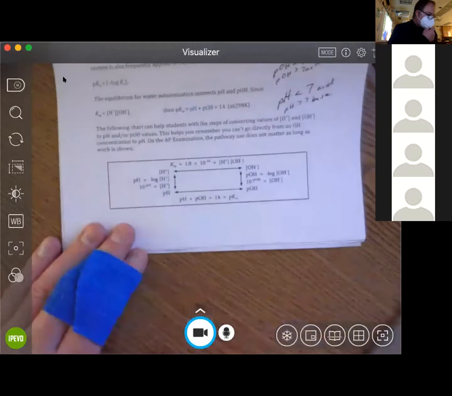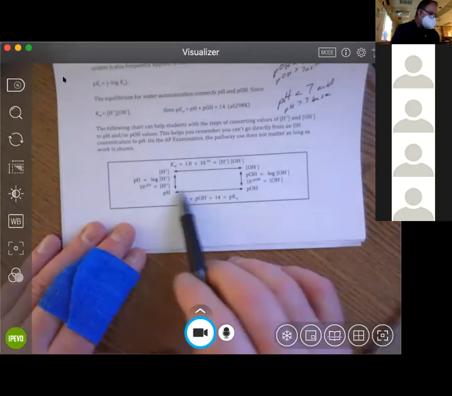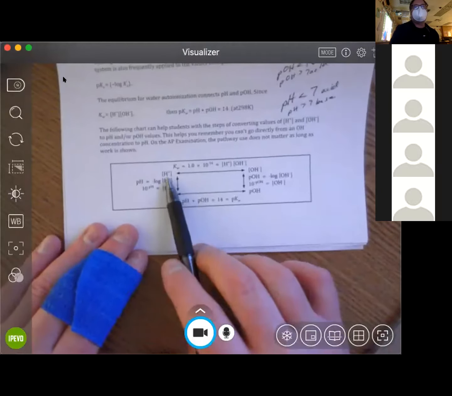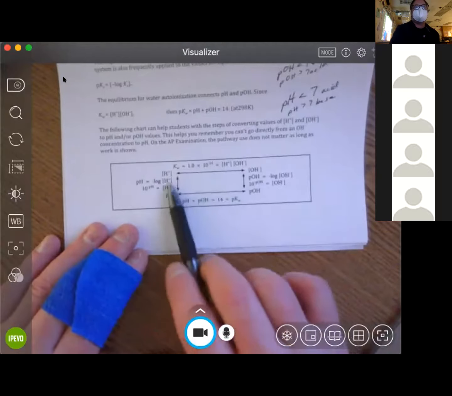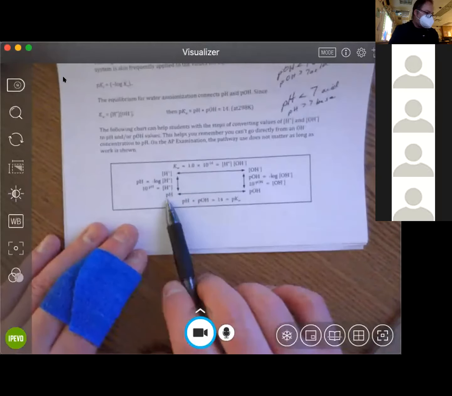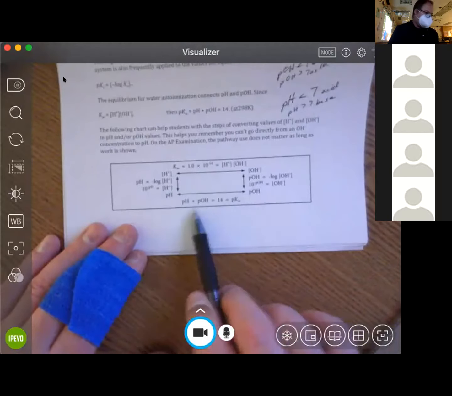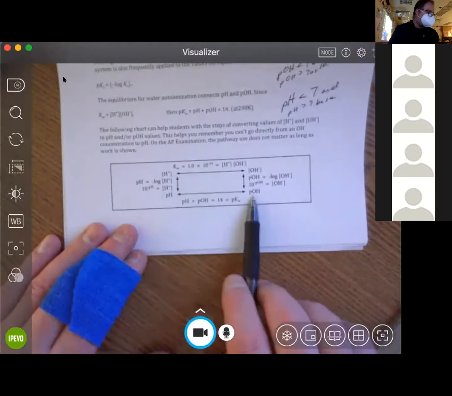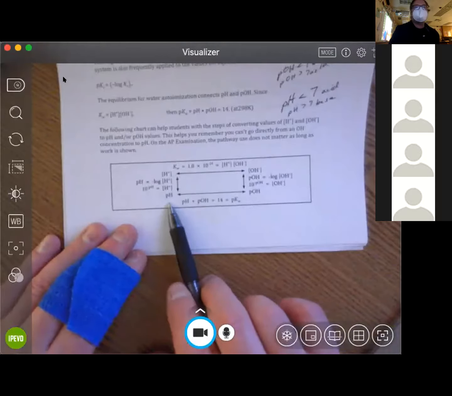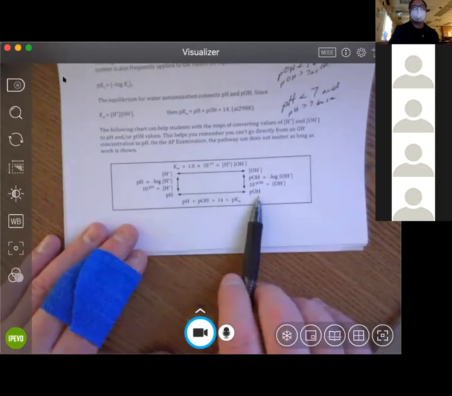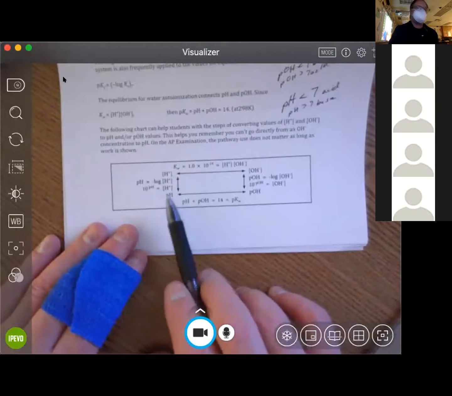Now, all of this comes together with basically what we call the four-corner diagram. Down in this corner, we have pH. So let's say you're given pOH. Well, you use this formula right here to go from pOH to pH. That formula would change to 14 minus pOH equals pH.